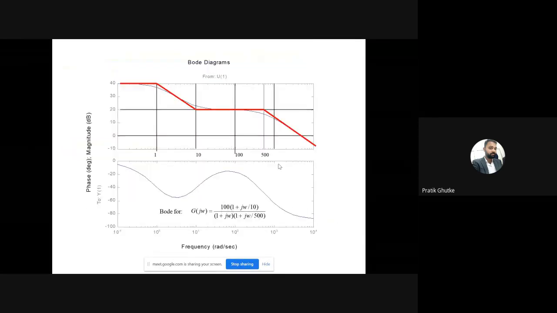See, this is your Bode plot with the MATLAB software. So what we have drawn in our textbooks or in our notebook, the same plot can be drawn with MATLAB. They will give the sinusoidal waves. We have drawn the square wave, but in MATLAB they will give the sinusoidal wave.